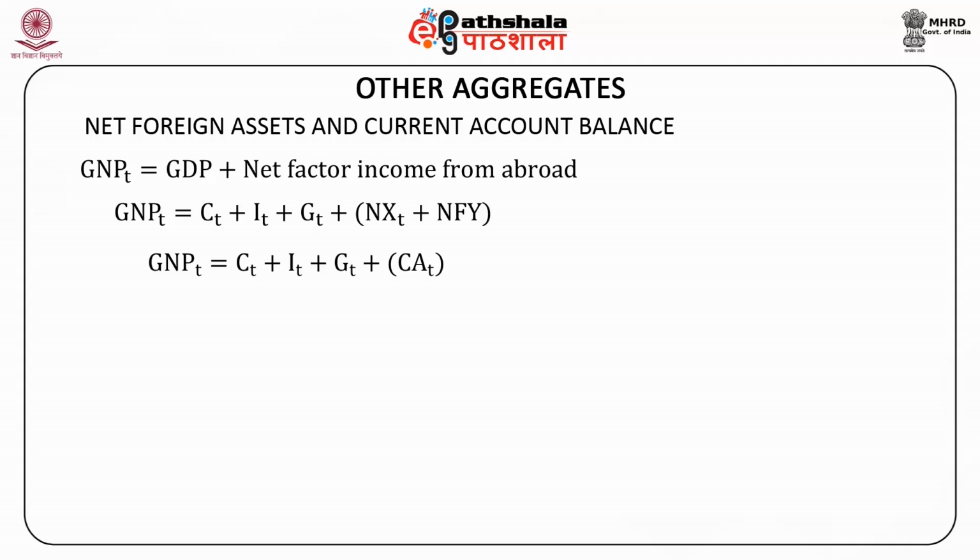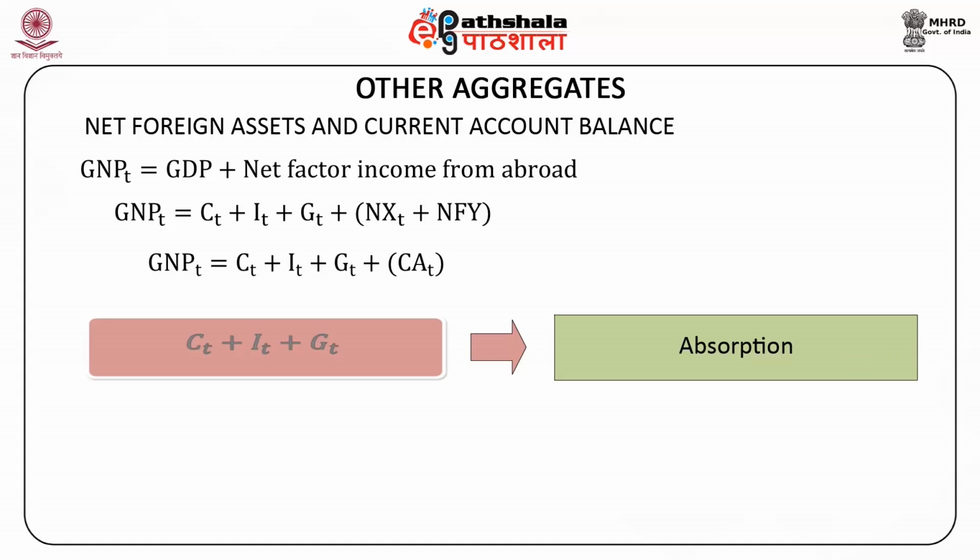This provides another interpretation of the GNP in terms of domestic spending for the consumption expenditure, investment expenditure, and government, referred to as absorption, and current account balance.